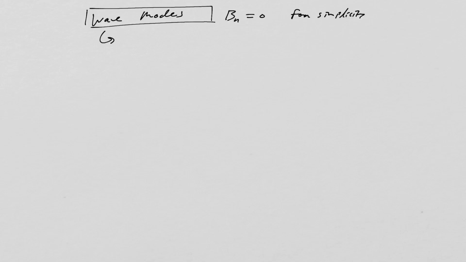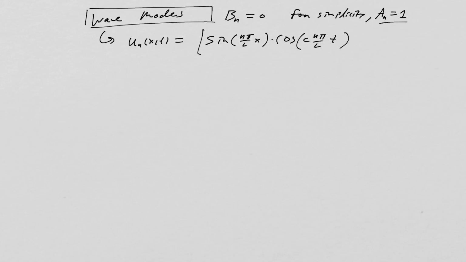And then what we get are these un of x comma t's that are going to look like this: sine of n pi over L x, and we'll set the an's equal to 1 as well, again just for simplicity, times a cosine of c times n pi over L t. These are these wave mode solutions.